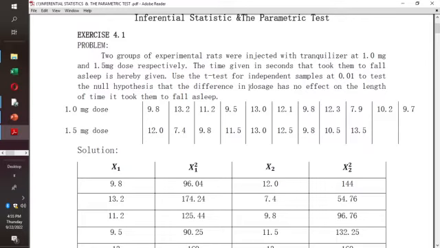Use the t-test for independent samples at 0.01 to test the null hypothesis that the difference in dosage has no effect on the length of time it took them to fall asleep. So the 1 mg dose, which is 9.8 to 9.7, the 1.5 mg dose, 12.0 up to 13.5.